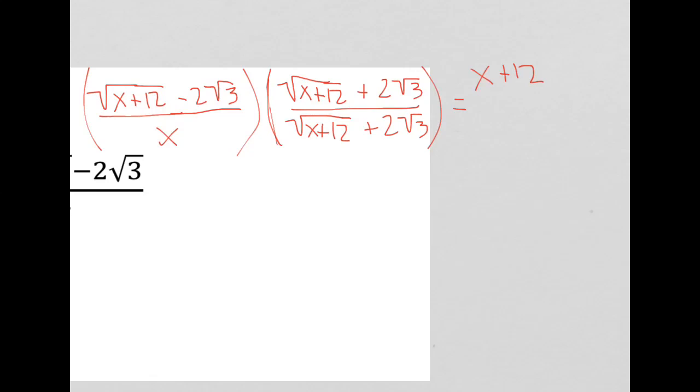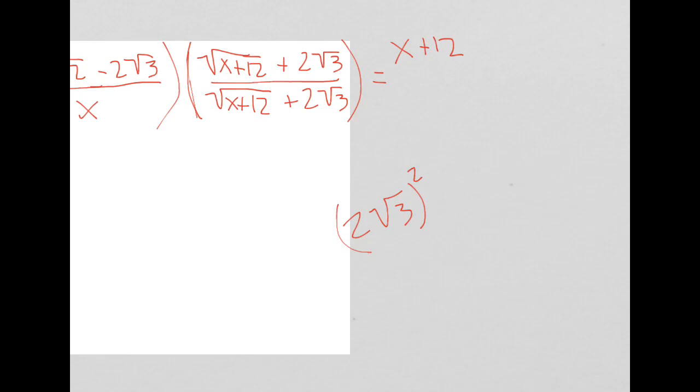And now we need to think about what 2 root 3 squared is. And notice I'm squaring the whole thing, even the 2. Well, that's the same as 2 root 3 times 2 root 3. So let's rearrange this. Let's go 2 times 2 times square root 3 times square root 3.